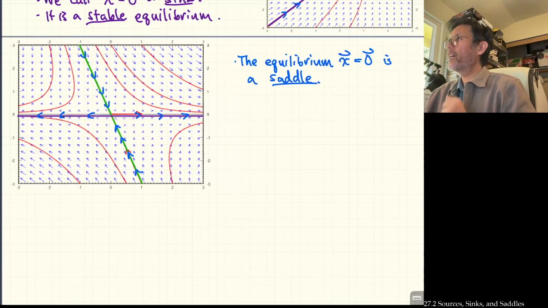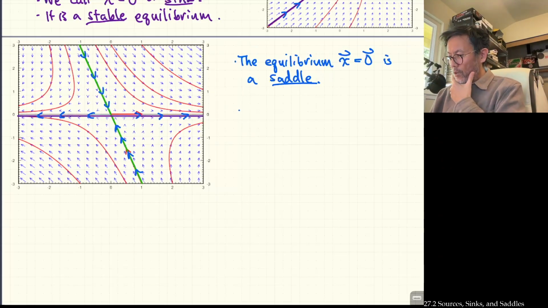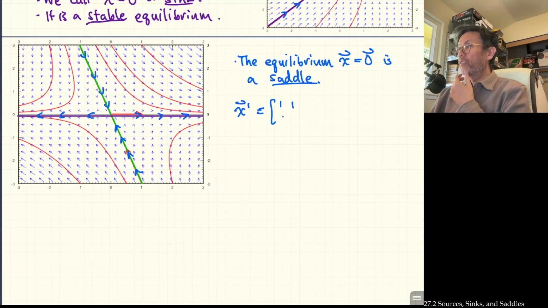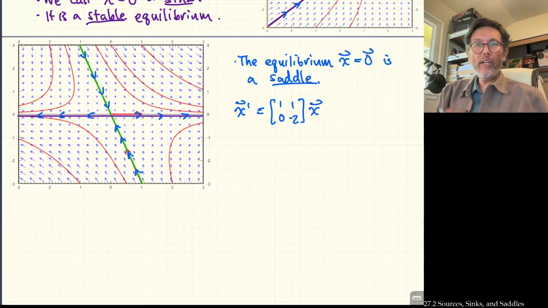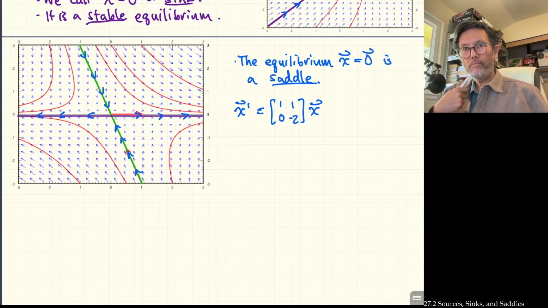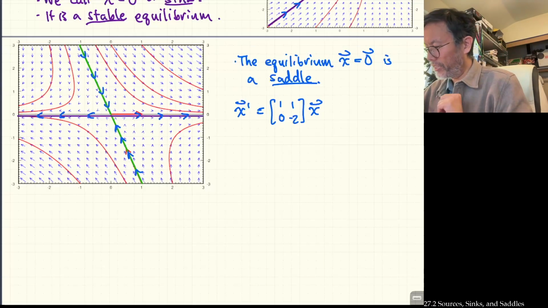Okay, and an example of a system which exhibits this would be something like x prime equals, in fact, the picture that this is of is 1, 1, 0, negative 2. And you can see we have one positive eigenvalue, 1, and one negative eigenvalue, namely negative 2. Okay? All right. So this is the saddle.